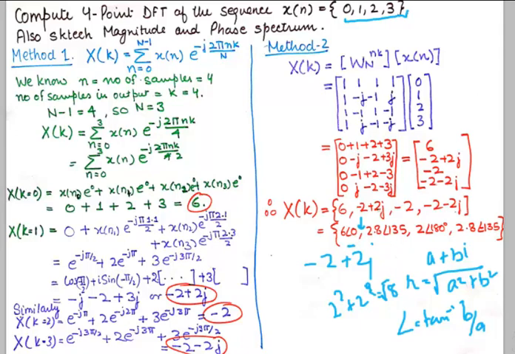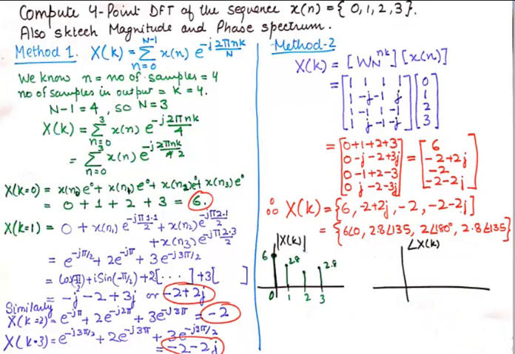So we convert everything into polar format so that we get the magnitude and the angle, magnitude and the angle, and this is going to be required to draw the magnitude plot. X of k magnitude: at sample number 0 it is 6, sample number 1 it is 2.8, sample number 2 it is 2, sample number 3 it is 2.8.